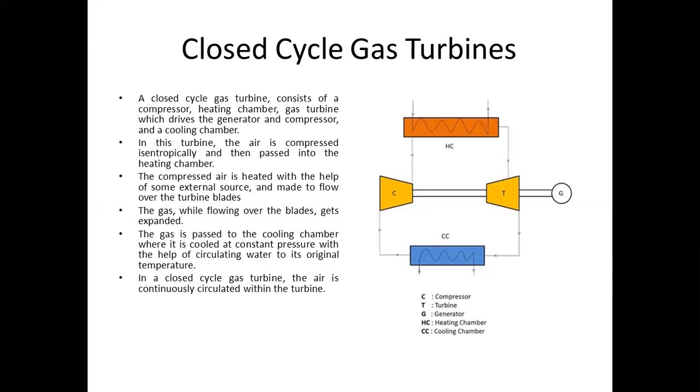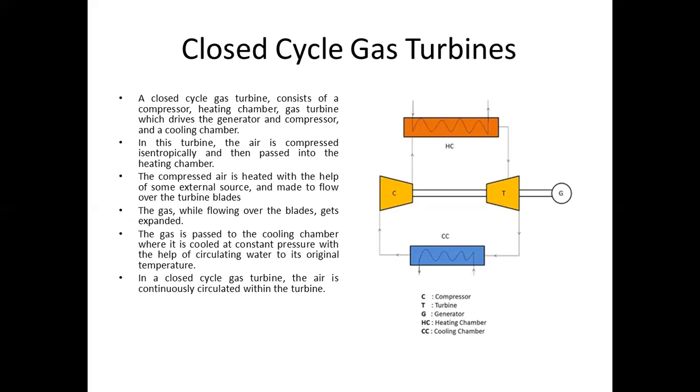The gas, while flowing over the blades, gets expanded in the turbine. The gas is then passed to the cooling chamber where it is cooled at constant pressure with the help of circulating water to its original temperature.